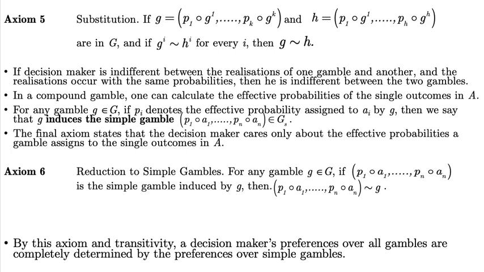We look at axiom number 5, substitution. Let's say we have a gamble, and that gamble is G. And remember, G is actually in the set of all gambles, isn't it?